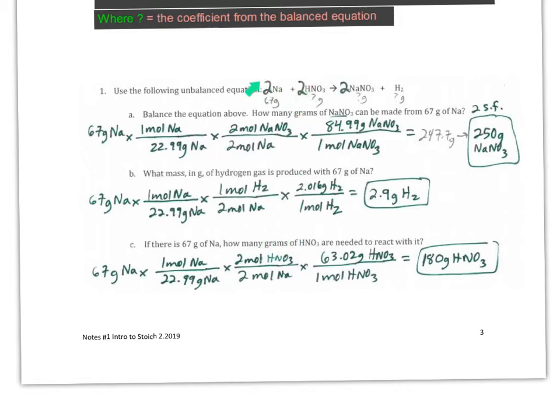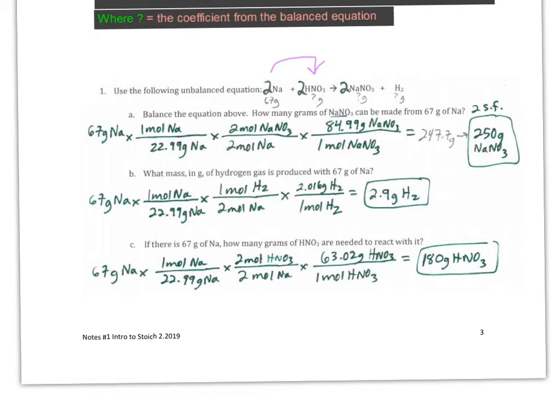So we're going to do stoichiometry from Na to HNO3, and if you haven't noticed, once we have one item, we can find the mass of everything else with a line of stoichiometry. So there's a line of stoichiometry, there's a line of stoichiometry, and we can do one more line of stoichiometry in which we go from sodium to there. It doesn't matter which side of the arrow it's on.